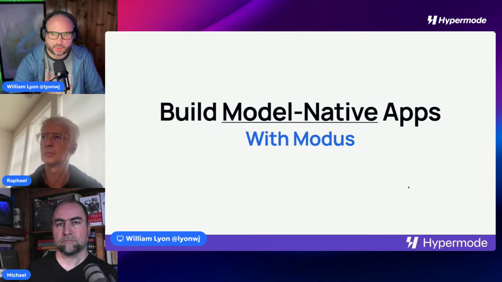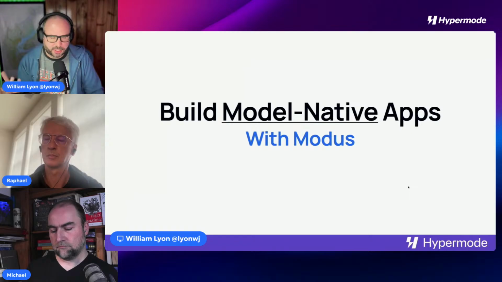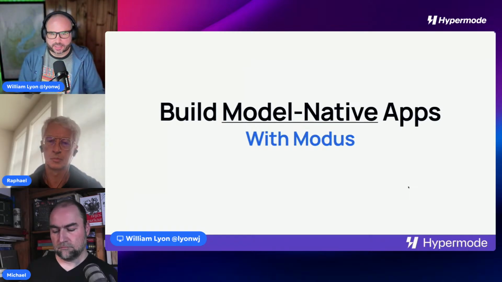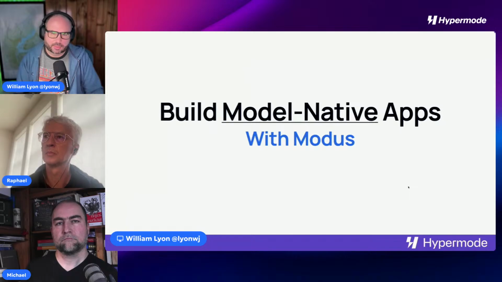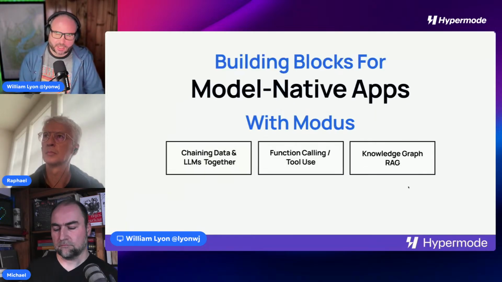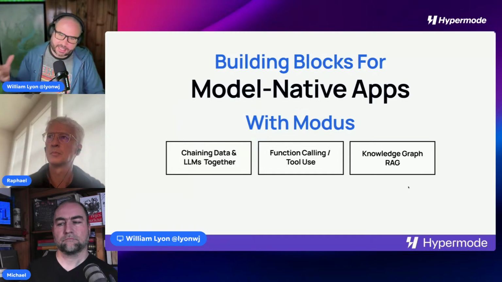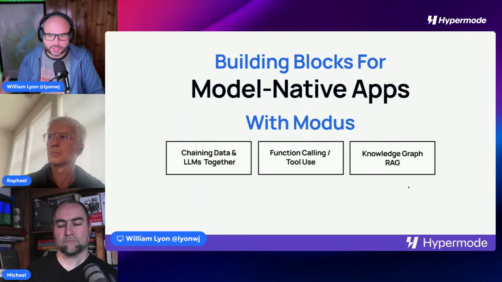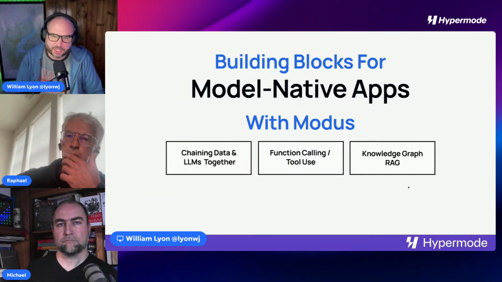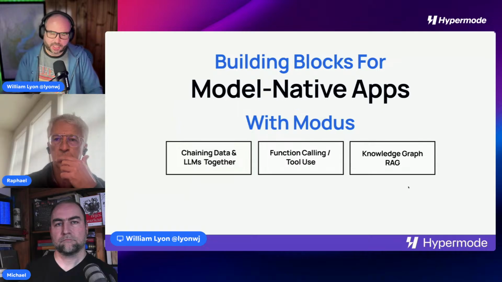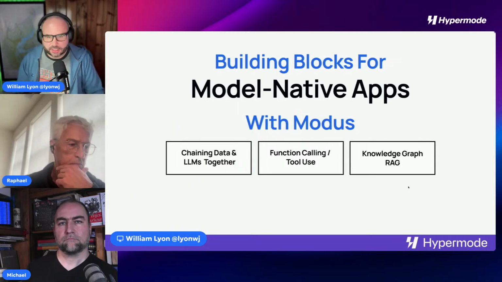We said that with Modus, we want to enable you to build model native apps, so applications that leverage one or more AI models. These are the building blocks that I see for building these model native apps with Modus. First of all, being able to chain together data and your LLM calls. Can you fetch data from an internal database and then chain the results as context to a prompt in your LLM? The next step is implementing function calling or tool use.